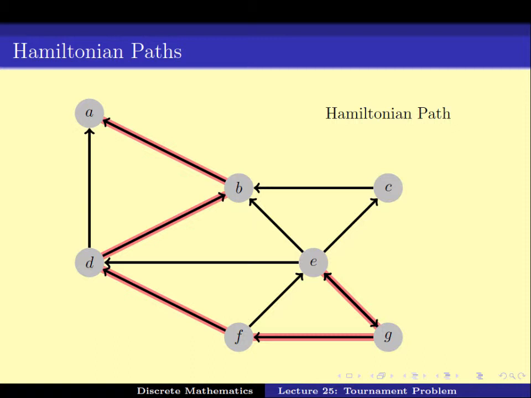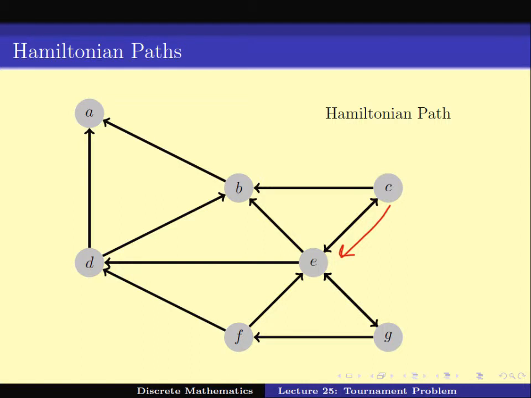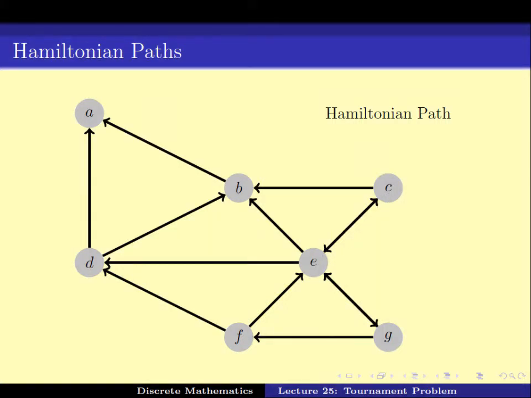But if we draw an edge from C to E, in that case we can have a Hamiltonian path, namely this one: C, E, G, F, D, B, A. Note that the original labeling of the vertices is irrelevant.